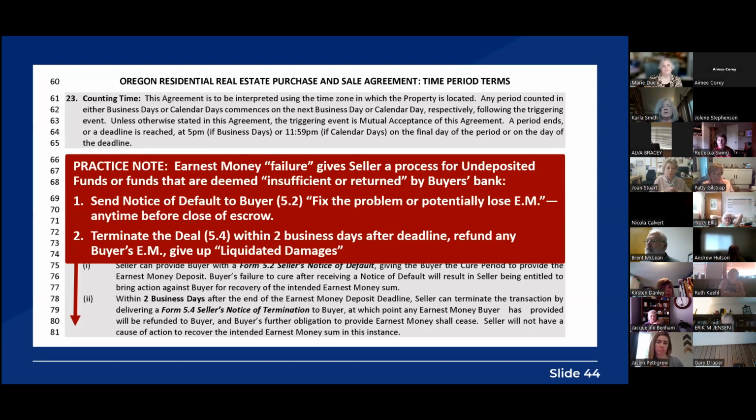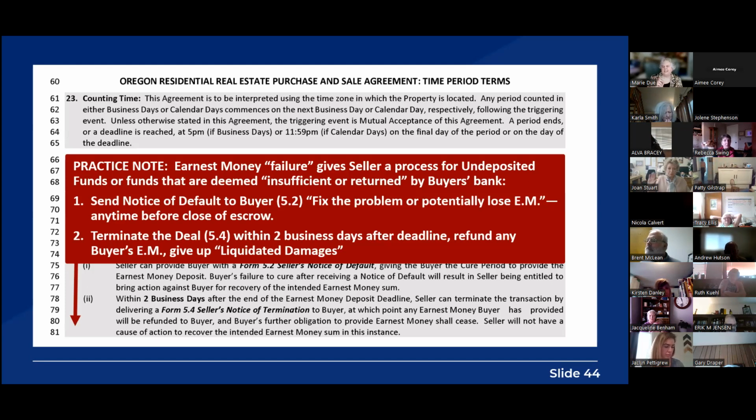They may have meant to move it over from their savings account, but it didn't happen. So the check bounces. I didn't know that. But what you can do is send a notice of default to the buyer to fix the problem or potentially lose earnest money anytime before closing, or terminate the deal within 2 business days after the deadline, refund any buyer's earnest money, and give up liquidated damages.